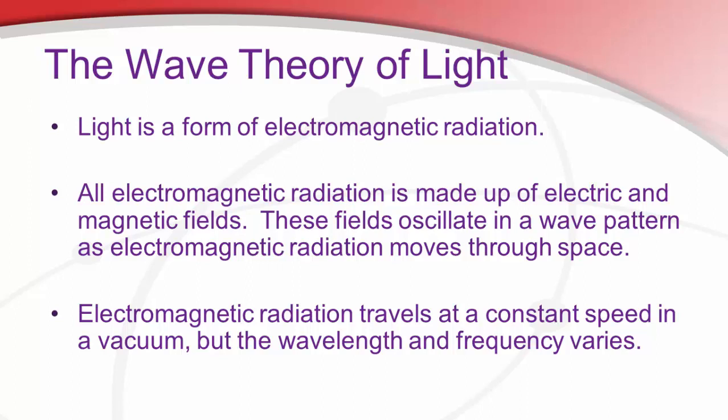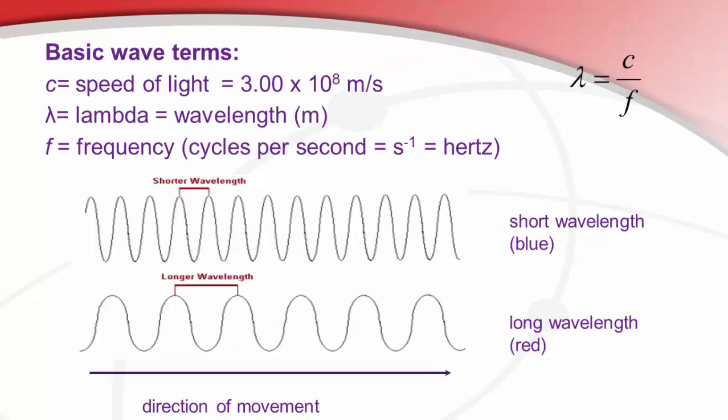The wavelength and frequency of this wave can change, but the speed is constant in a vacuum. What is that speed? Well, it's the speed of light, symbol is c, and it's 3 times 10 to the 8 meters per second. So what is that? That would be 300 million meters per second, or 300,000 kilometers per second.